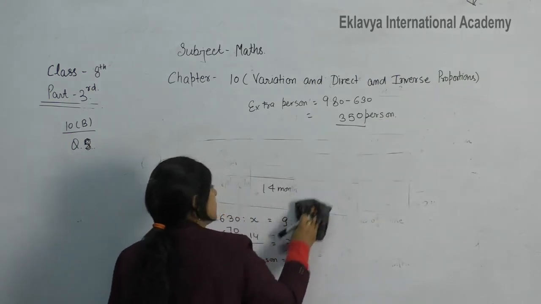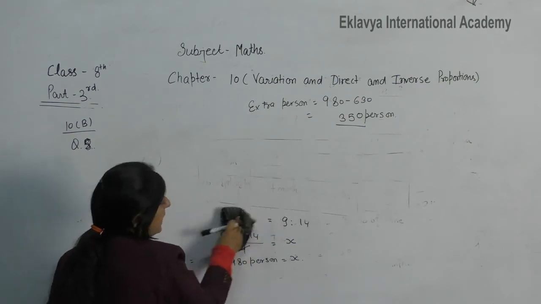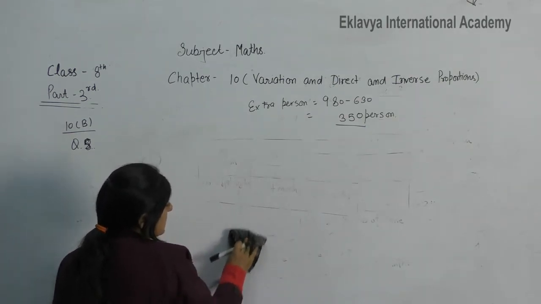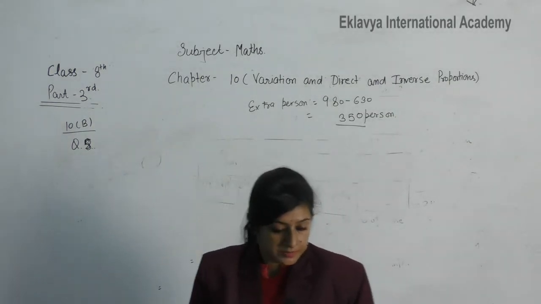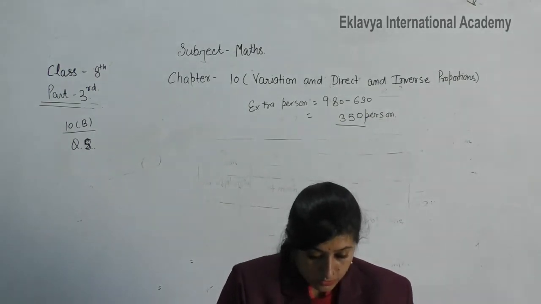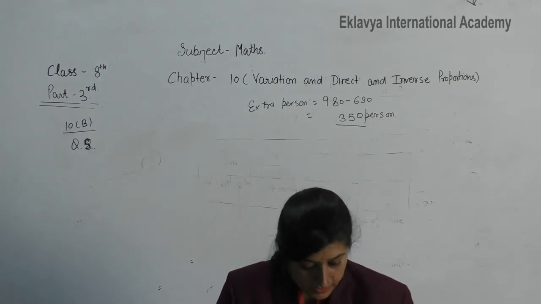From the statement, firstly find out whether this question is related to direct variation or indirect variation. Then start to solve it. Okay, one more question. Question number 12.